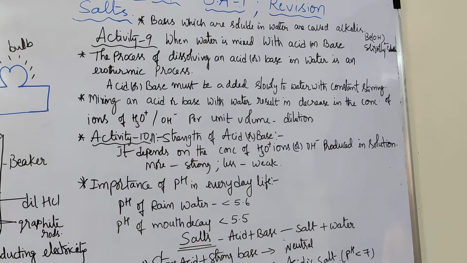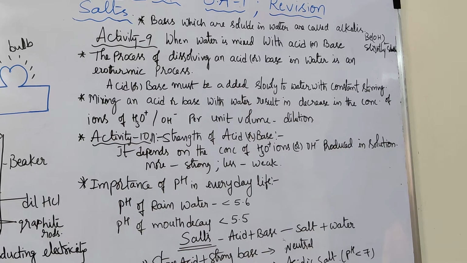If more ions are produced in a solution, then it is a strong acid or strong base. If a smaller number of ions are produced, then the solution is a weak acid or weak base. Like that, we can find out the strength of acids by using a universal indicator.